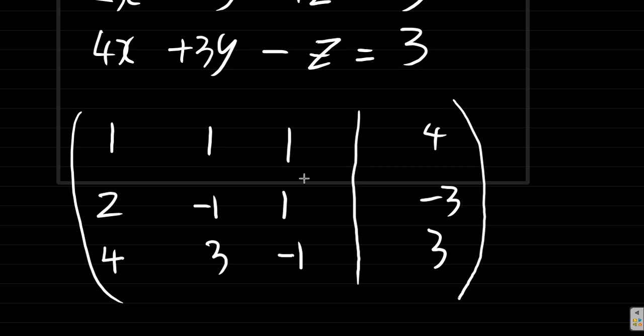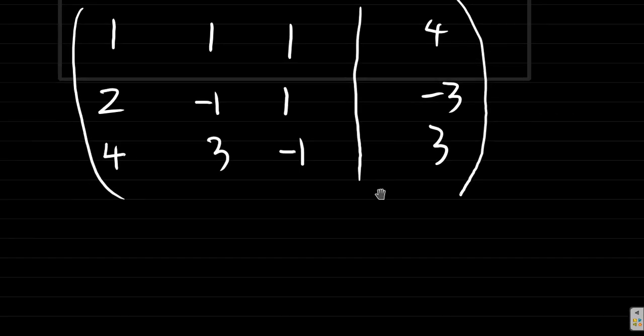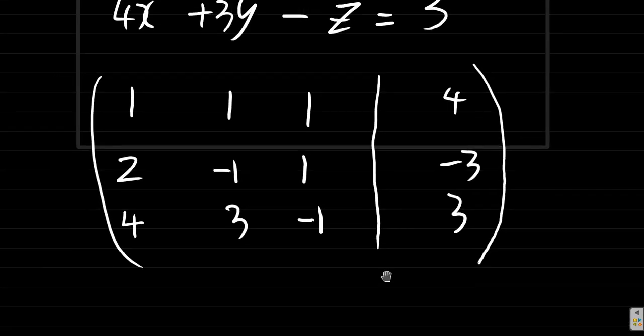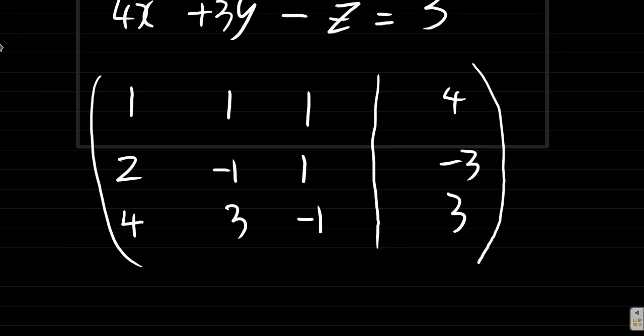But what happened here now? What we want is to have a 0 here, and we want to have a 0 here. Having a 0 here means that you eliminate x.